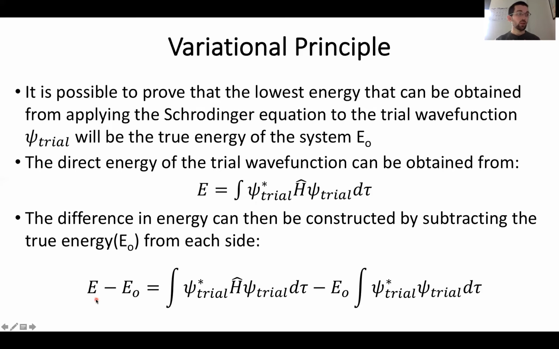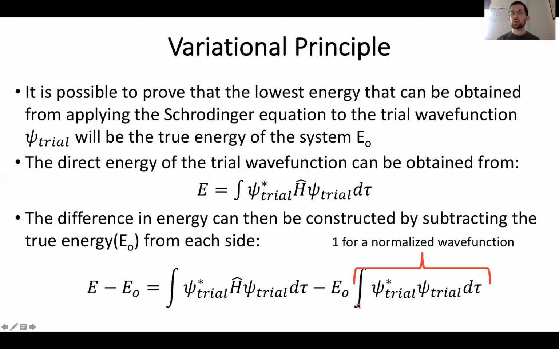So when I do this, the left side becomes literally the difference between the energy of my wave function and the true energy of the system. Nothing too surprising here. But if I subtract the true energy on the left, I have to do the same thing on the right. Now, because I want to make it look kind of the same form, I'm going to multiply my true energy by 1.